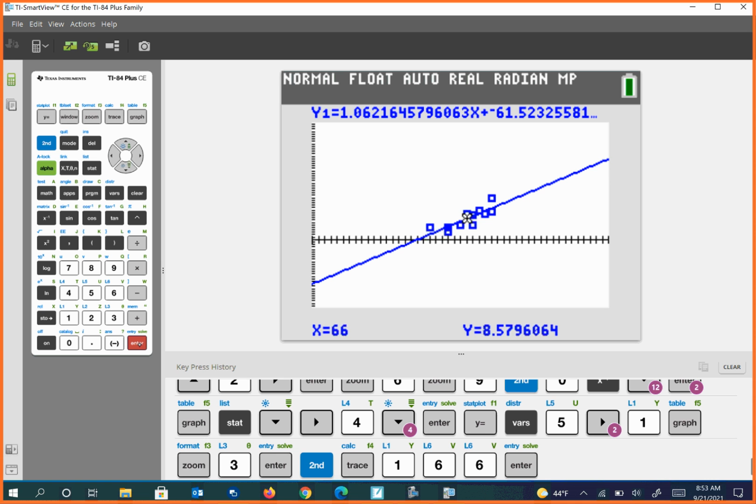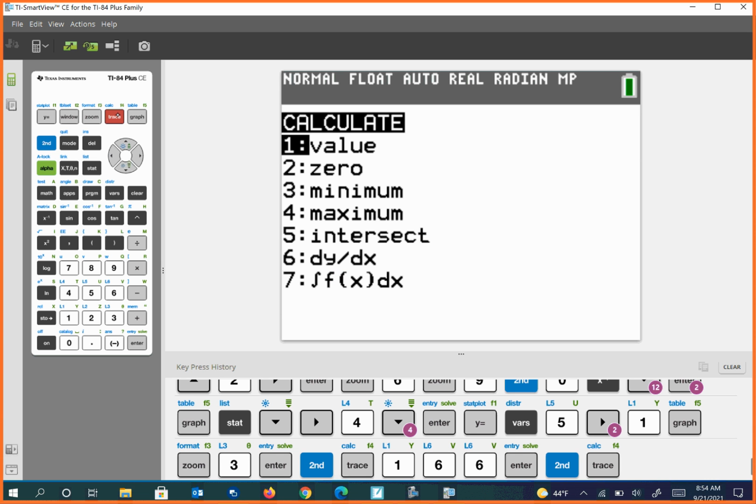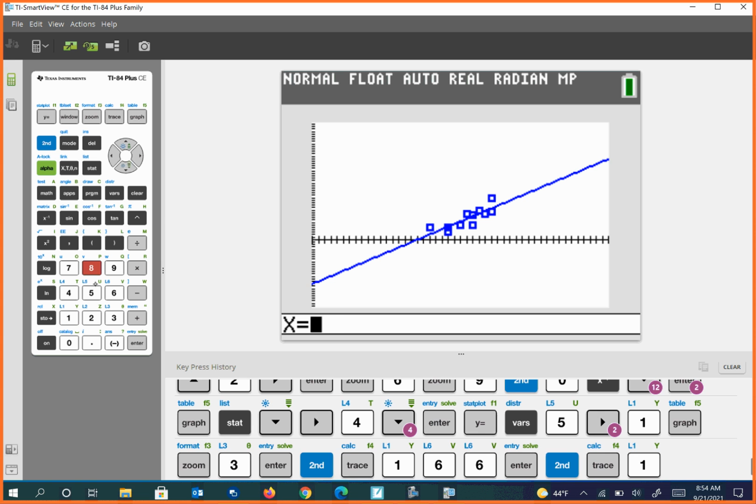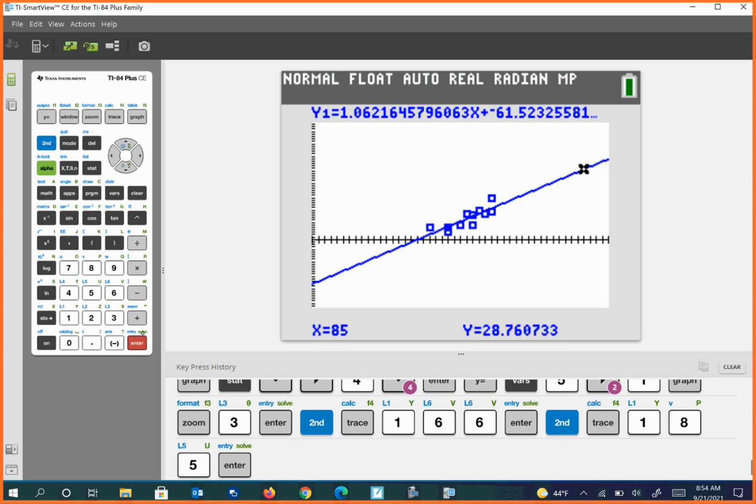Is that right? So Shaquille O'Neal is going to be extrapolated data. So based on our stuff, Shaquille O'Neal at 85 inches tall should have a shoe size of 28.7 or maybe 29. I don't know if that's really his shoe size.